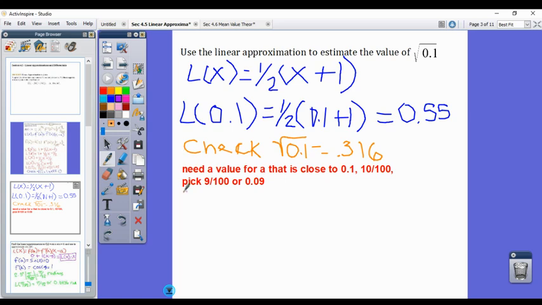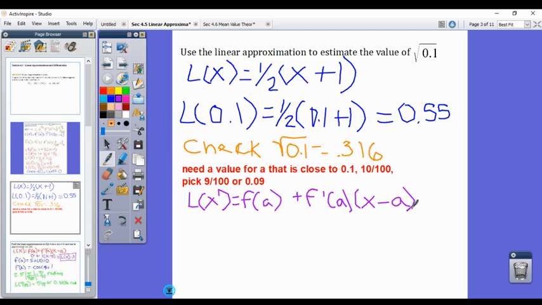Okay, so we are going to plug into our linear approximation formula.